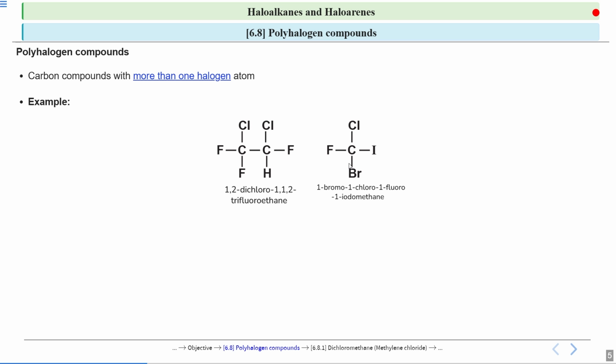Not a single halogen but four different halogens are present, so this structure will also come under polyhalogen compounds. These halogens are different, but we still have more than one halogen group atom, so this compound will also be called a polyhalogen compound. They are useful in industry and agriculture. In these two major fields, industry and agriculture, we use these polyhalogen compounds.